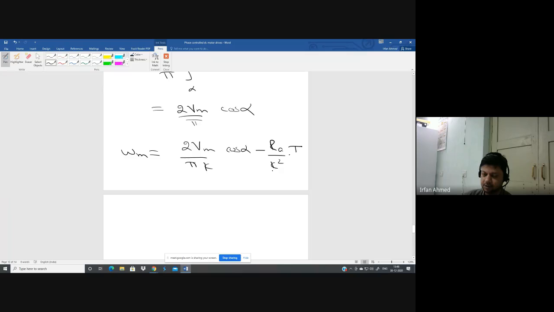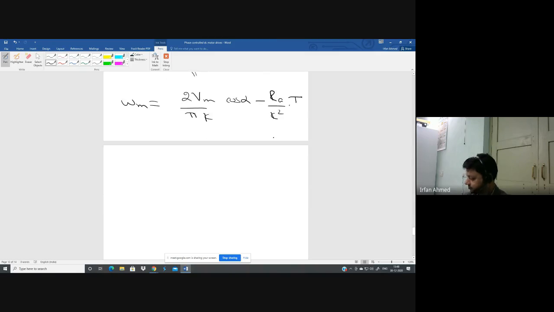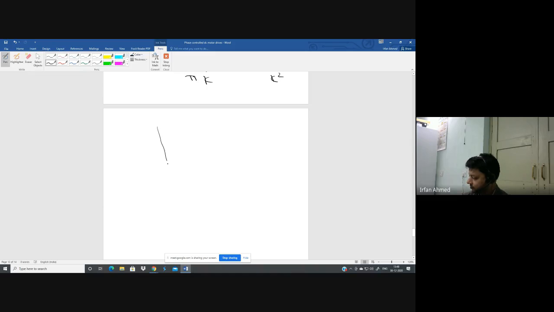The slope is still same. So you will get parallel lines, but not at the time of starting. Okay? If we try to draw the speed torque characteristic, let us say this is without any control. Okay?